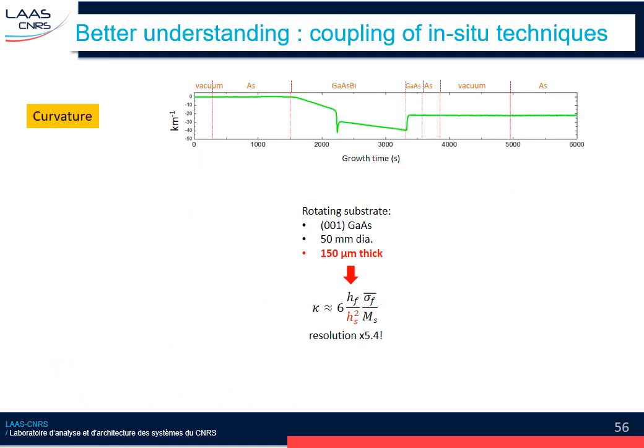To further study this transition that seems to occur during the growth of this alloy, we used a trick, which is to use a very thin wafer. We did the same growth on a gallium arsenide 100 micron thick wafer, which is the thinnest we can get. And from the Stoney equation, we know that we then got a gain of resolution of more than a factor of 5.